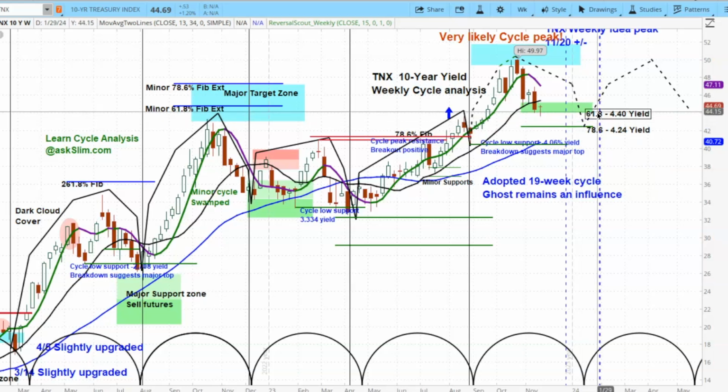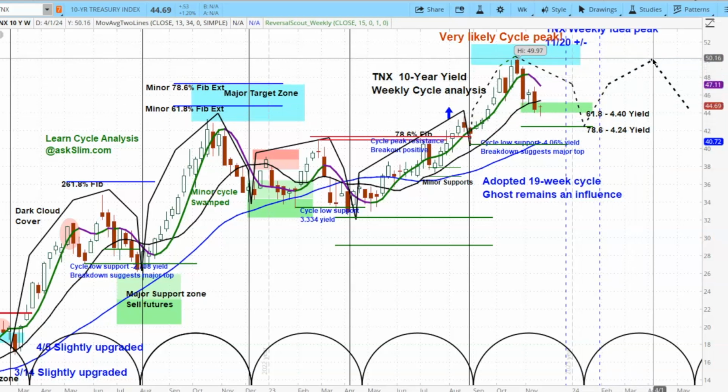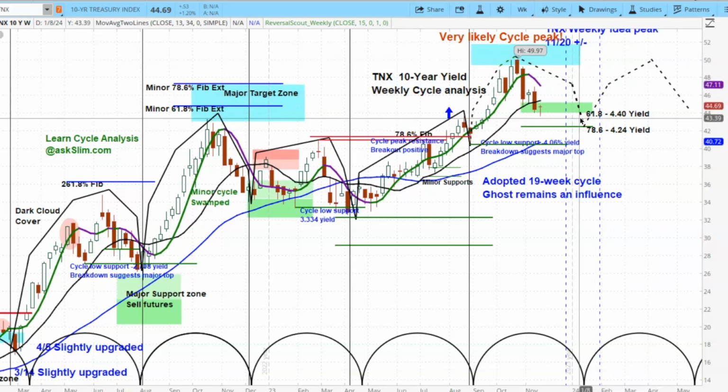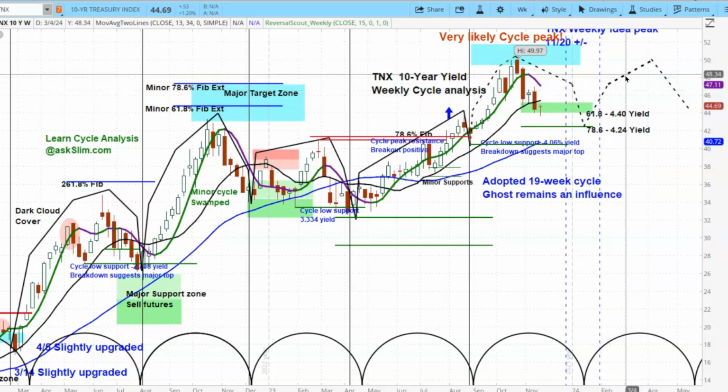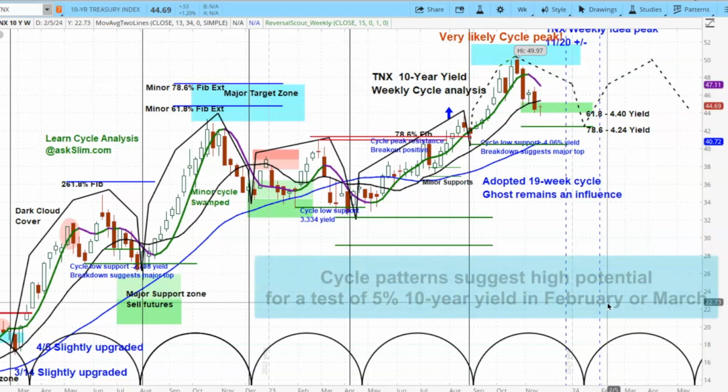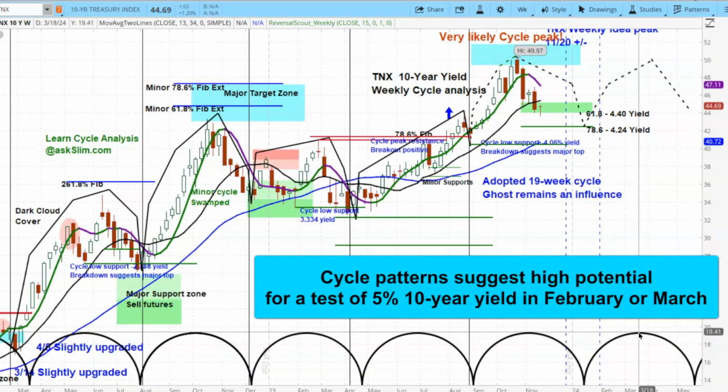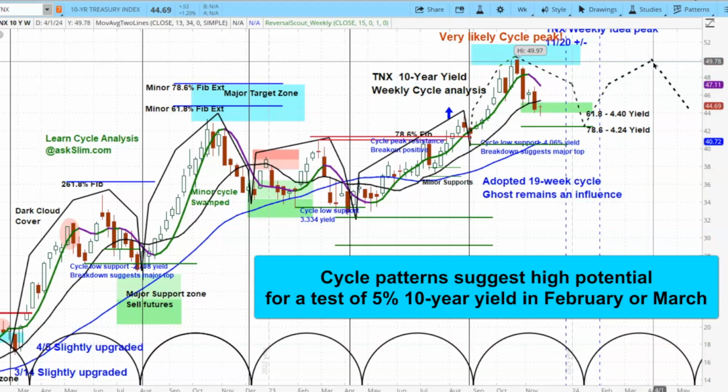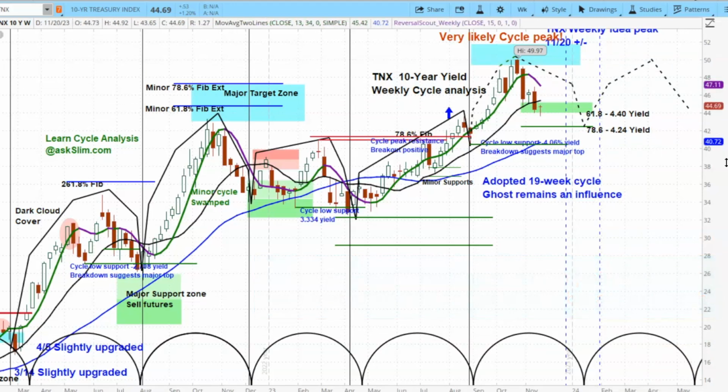Now, when you see this period right over here, and this is the key thing we're looking at right now, out over here in late January, February, and March, it looks like we're going to be in a new rising phase. So if yields are going to be going up here, it must mean that the Fed is going to maybe at that time be saying, well, it's not really time to be cutting rates yet, or maybe inflation numbers will be ticking up again.